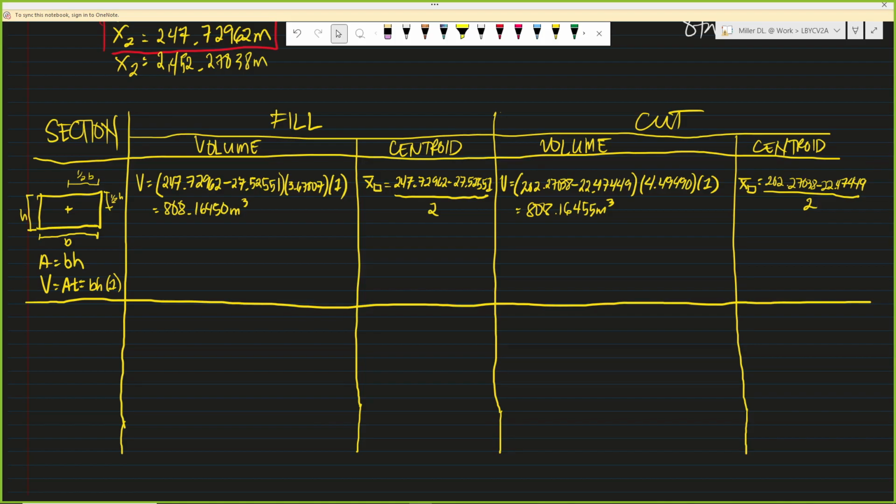Anyone from the class? Okay, so we have 110.10206 meters, and the other one is 89.89795.